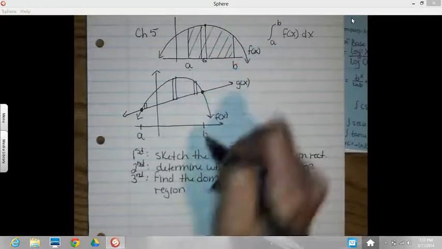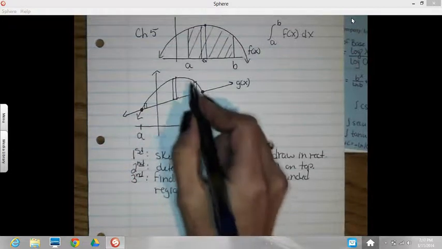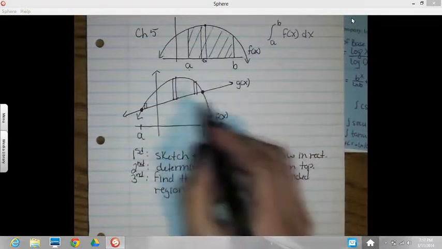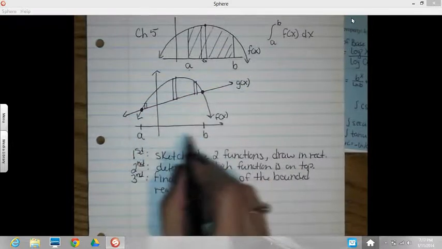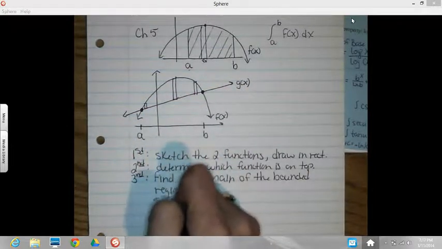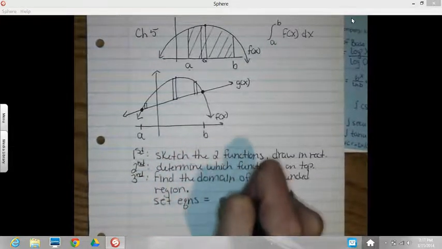So this would be our domain from the two intersection points. You're going to find that by setting the two equations equal to each other, because they are equal at these points, and then we'll use those two x values. So you set the equations equal and solve for x.